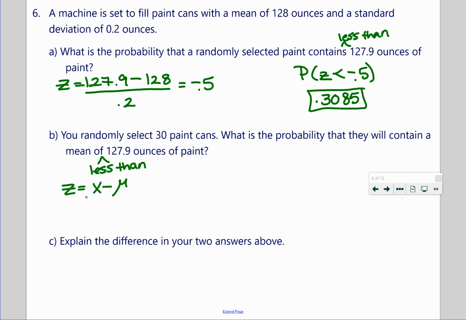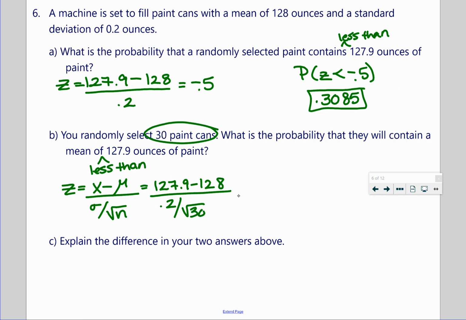It's X bar minus the mean, over the standard deviation divided by the square root of n, is what we're using. So it's got that extra division by the square root of n in the denominator when we have a certain sample size that we're looking at a mean of. It starts out the same way: 127.9 minus 128, divided by my standard deviation, 0.2 over the square root of 30.